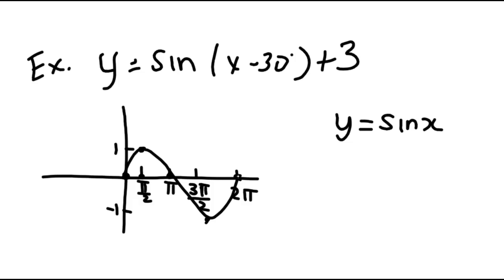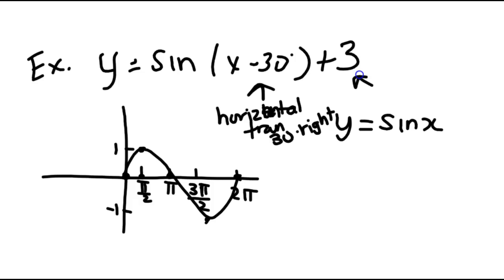In this case, we have this, so that is what? Yeah, horizontal. Did I spell that wrong? So of 30 degrees, and so that means we're going right, because it's negative.